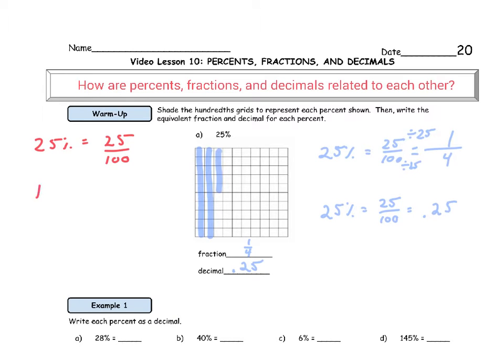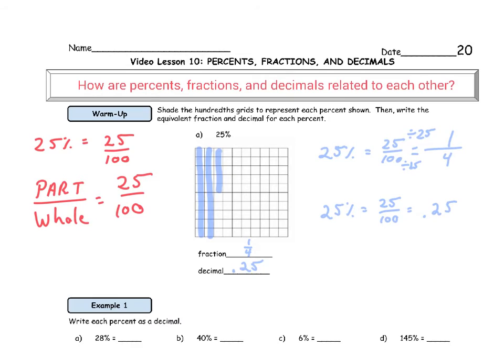We call that the part. So if 25 is the part, 100 is the total. We call the total 100 the whole. So part over whole in this case is equal to 25 over 100. 25 is the part, 100 is the whole.